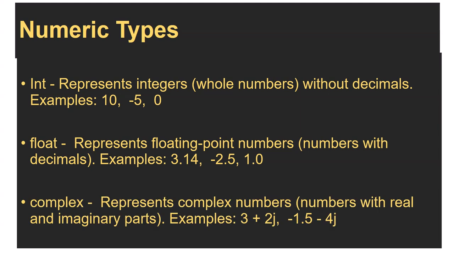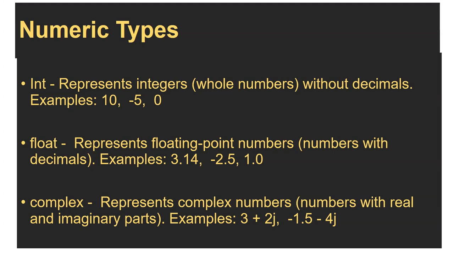The third numeric data type is the complex, which represents the complex numbers. You rarely deal with this data type, but it is essential to know of its existence. These are numbers with real and imaginary parts. Example, 3 plus 2j, where 3 is the real part and 2j is the imaginary part. Good.